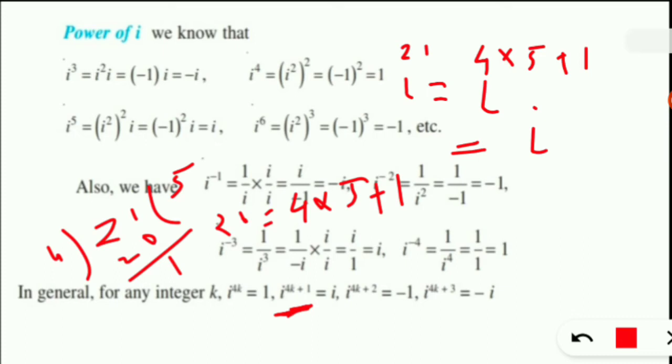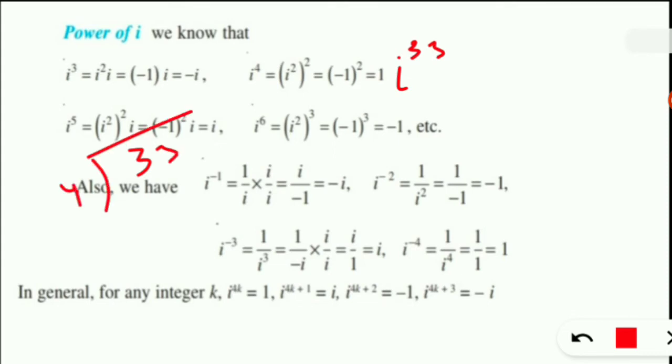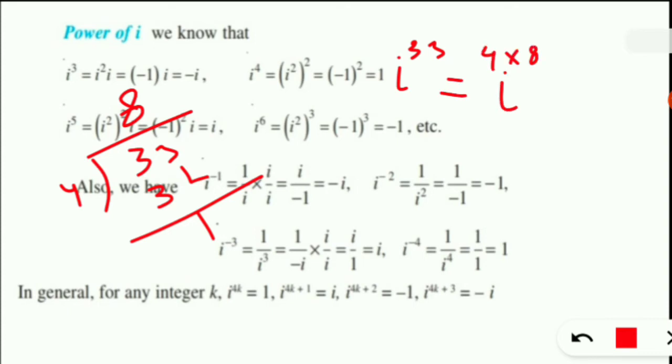Suppose we find the value of i to the power 33. Simply 33 divided by 4: 4 eights are 32, again one remainder, so this can be written as i to the power 4 into 8 plus 1.